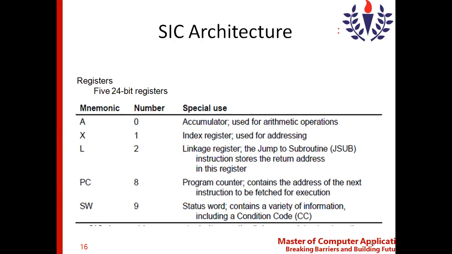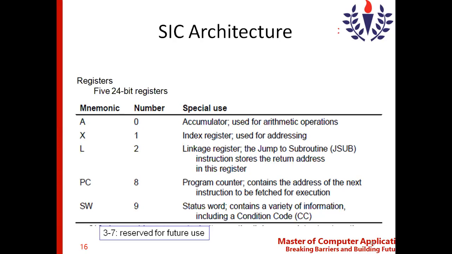Coming to the fourth one, that is PC, the program counter, which contains the address of the next instruction to be fetched for execution. And the SW is the status word, which also contains the condition code. The condition code has the value less than, greater than, or equal to. So these are the 5 registers we have in the SIC machine.